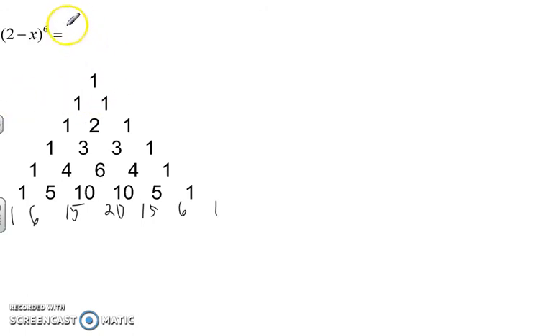But all those coefficients, 1, 6, 15, 20, 15, 6, and 1.